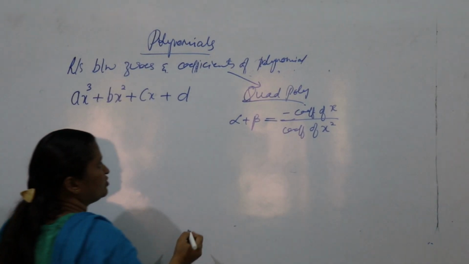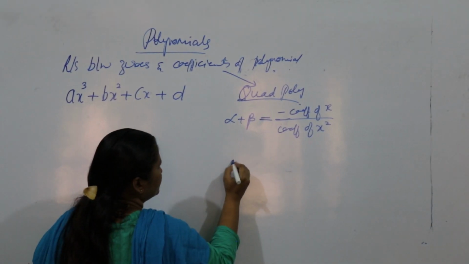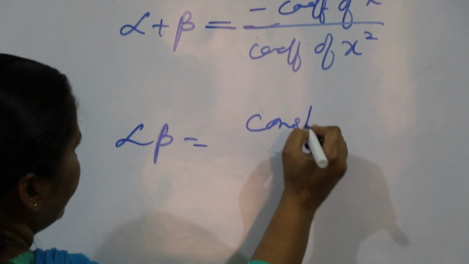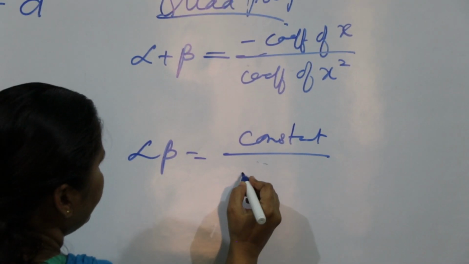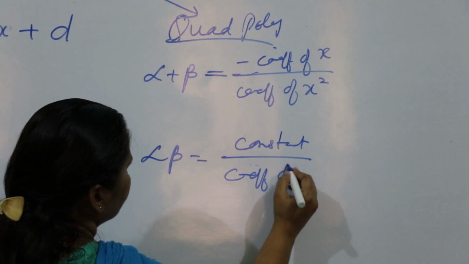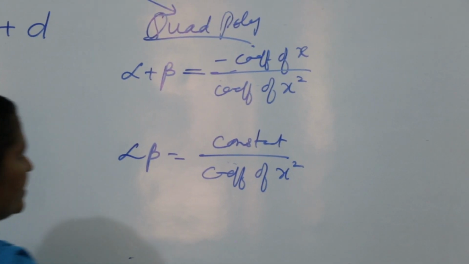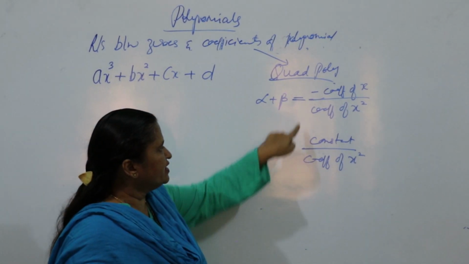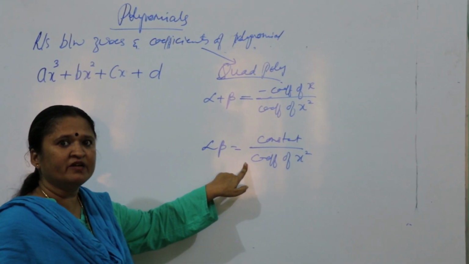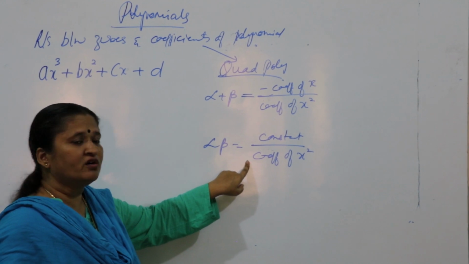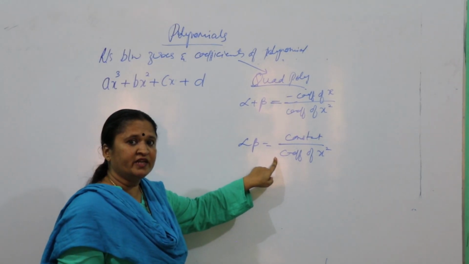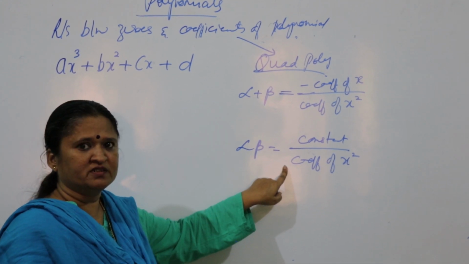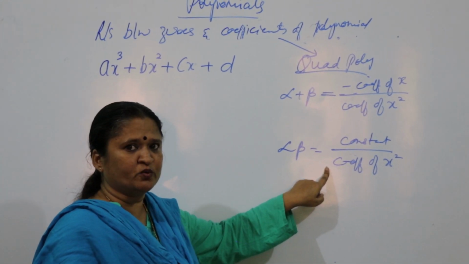Sum of the zeros, here if you notice, this is constant by coefficient of x square, right? Did you notice, children? In the denominator we have the coefficient of the variable with the highest exponent, which is x square.